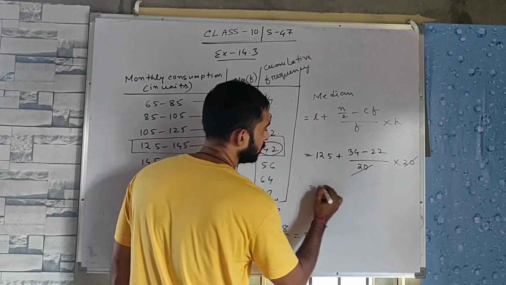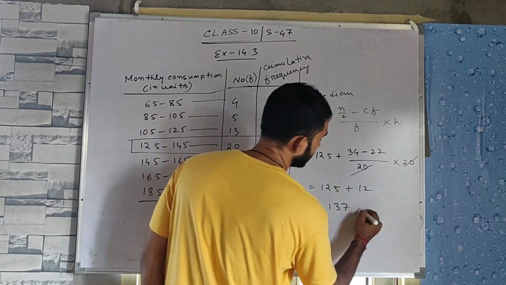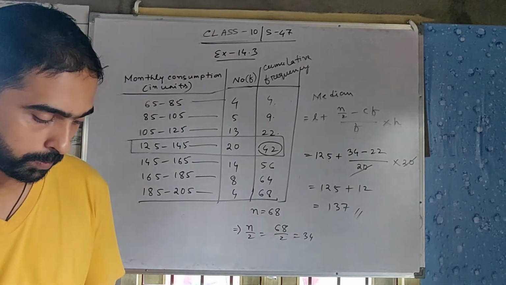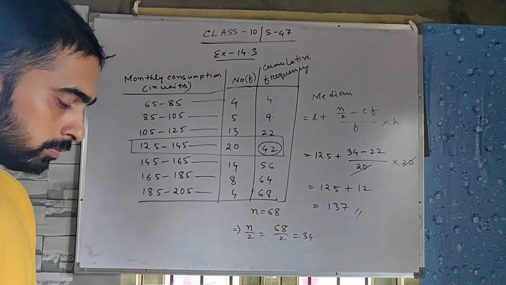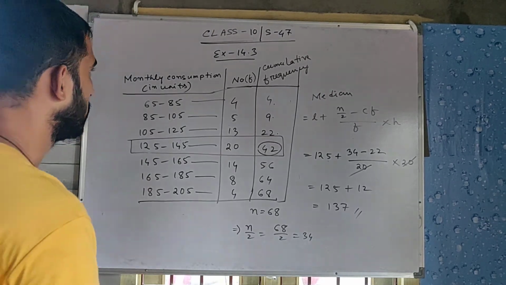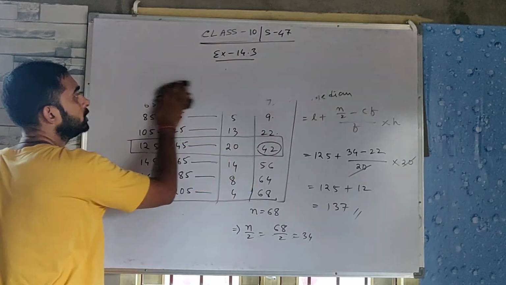So 20 cancels, 125 plus 12 equals 137. So this is the median of the given data. Now come on, next question, 14.3, question number 2.